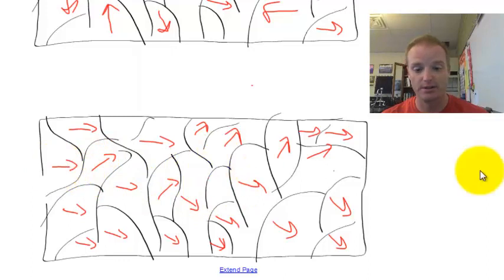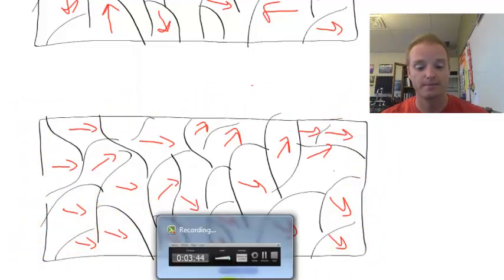Those domains are lined up, so now this is magnetized. Billions of domains containing billions of atoms, and billions of electrons are all spinning the same way, creating that directional flow of the charge. So we get a magnetic field being produced around our magnet.